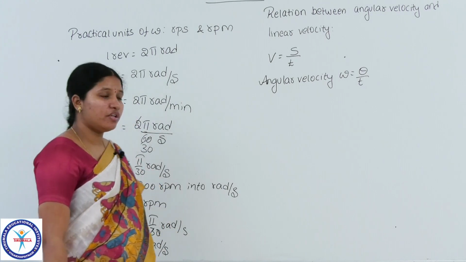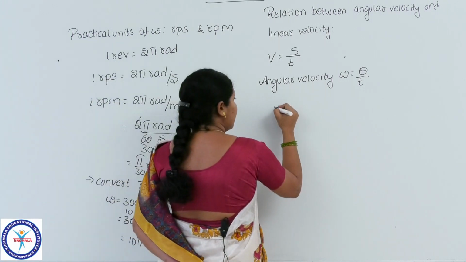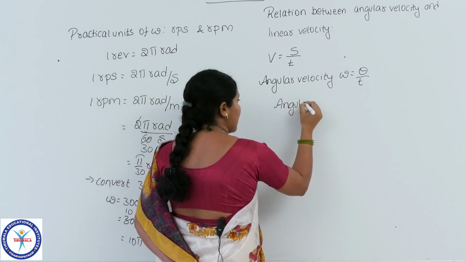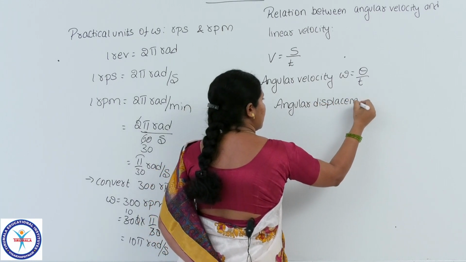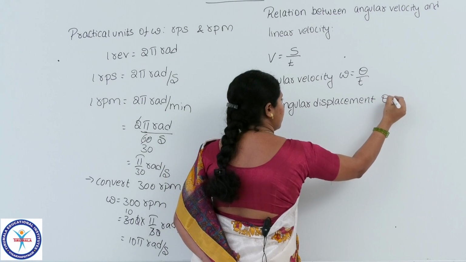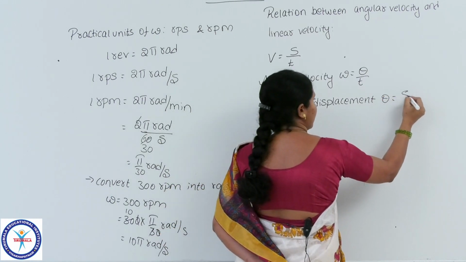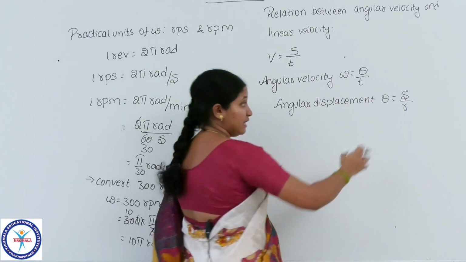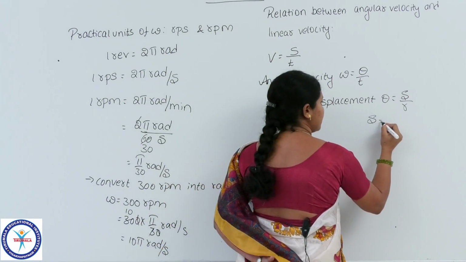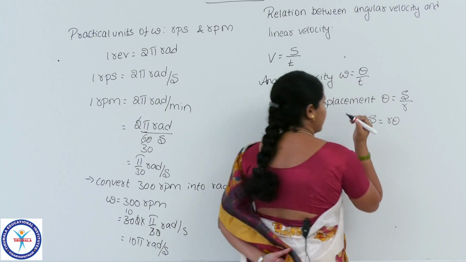So already we have discussed angular displacement. Angular displacement theta is equal to S by R. So from this expression, get the value of S. So S is equal to R theta.